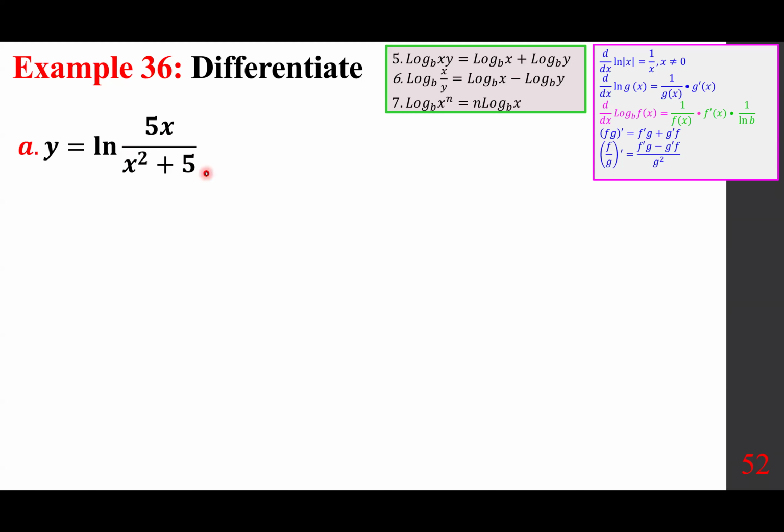Which means you use the quotient rule. Instead, we are going to go with the easy way out by breaking this into pieces. This first uses the quotient rule, ln of the top. Let me just do it in 2 steps. ln of the top minus ln of the bottom.